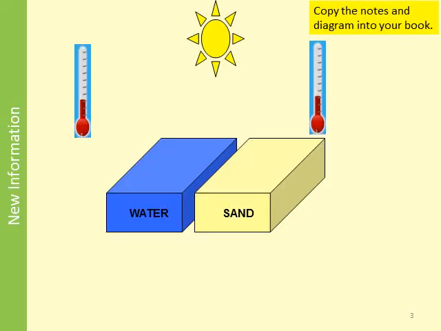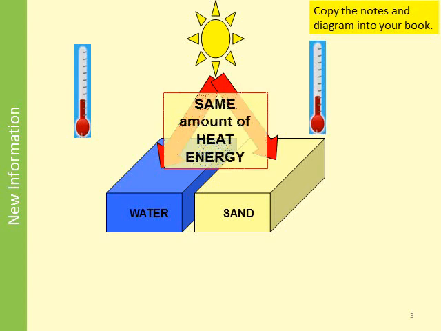So let's go back to thinking about the water and the sand on the beach. There's the sun, the same amount of heat going to the water, the same amount of heat being transferred to the sand. But the water, the temperature rise is shown here.